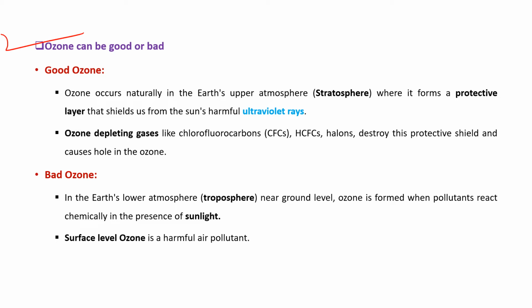Now the ozone is classified into two categories, good ozone and bad ozone. When we see this, this is the earth, on the earth surface, this is the troposphere, this is the stratosphere. In the stratosphere there are ozone layers, this is the ozone layer.